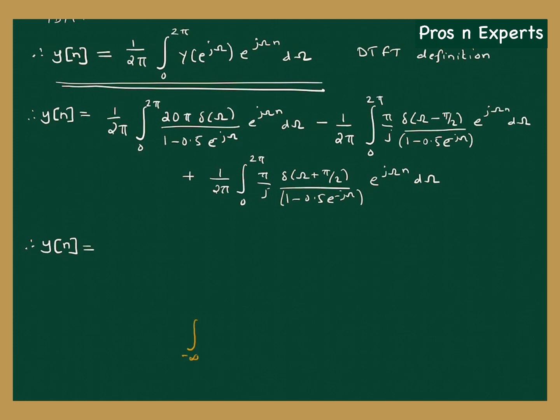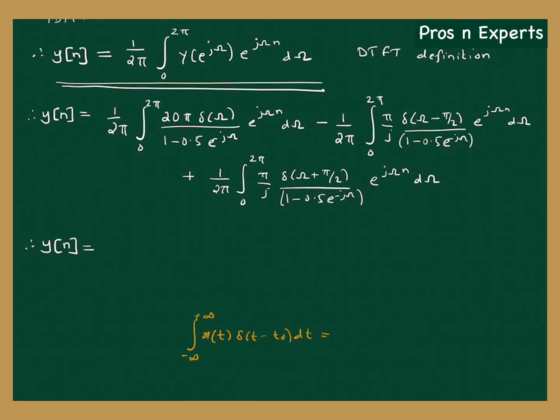Integral from minus infinity to plus infinity, the property is integral x of t into del of t minus t0 dt will be equal to, what will be the answer?